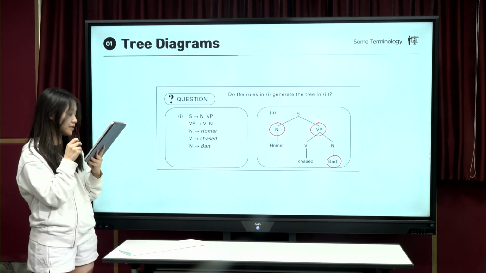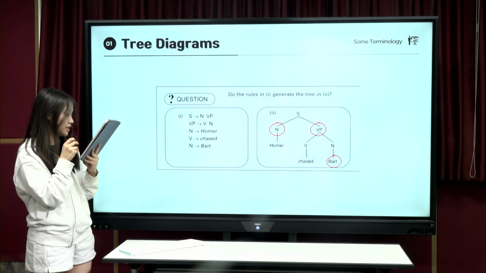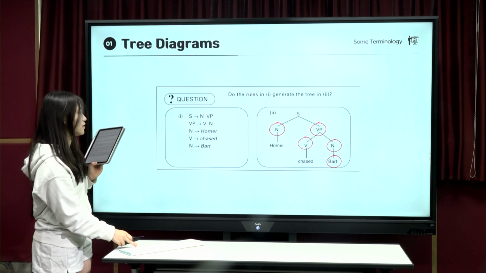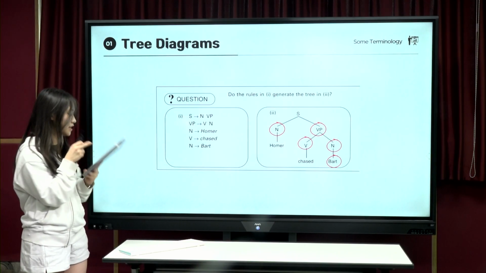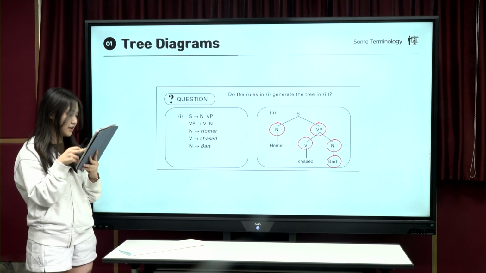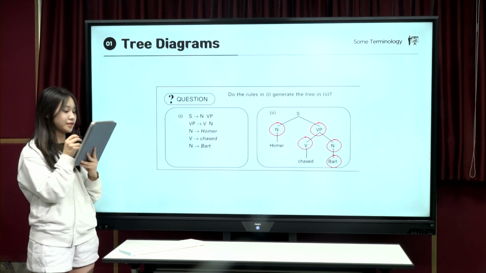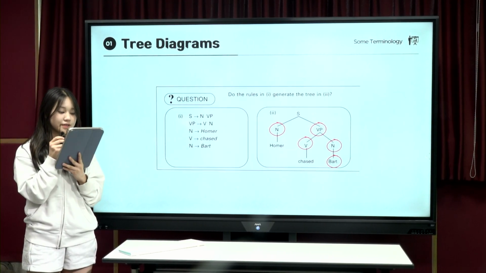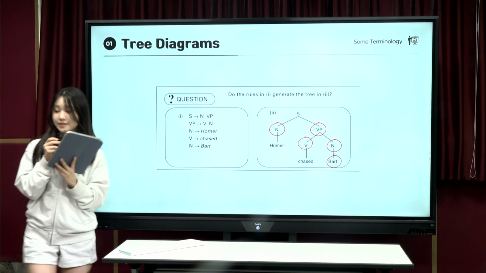It has the two daughters V and N. To produce this part of the tree, we need the rule VP goes to V N. We check this too. So, tree diagrams ignore the order in which the rules are applied, so they abbreviate the family of alternative derivations that differ only in order of rule application.